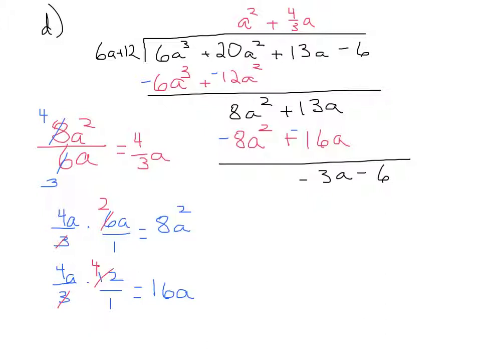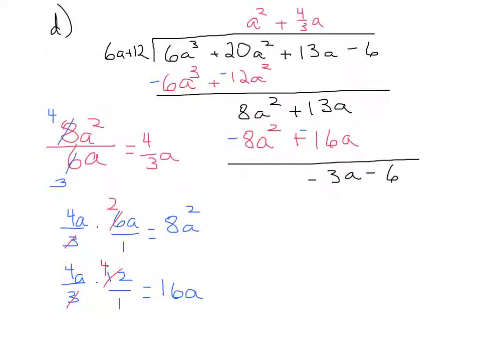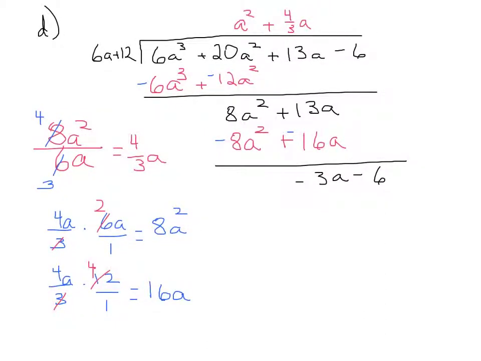I want you to pause the video and see if you can figure that out. Okay, so we want to know how many times 6a goes into negative 3a, and we get, so we have to do negative 3a on top, divided by 6a.